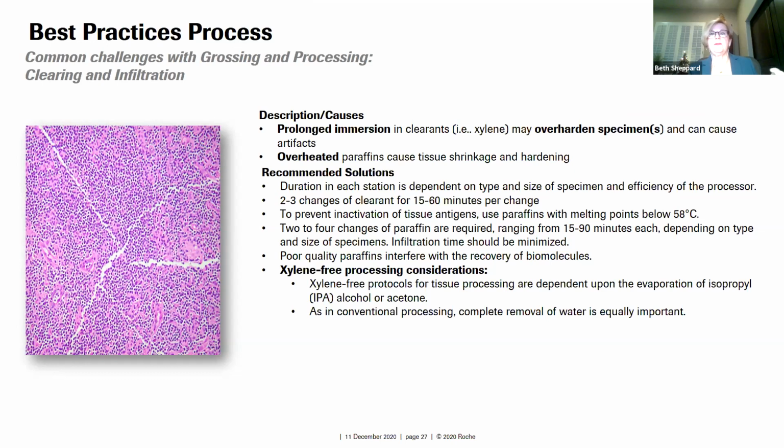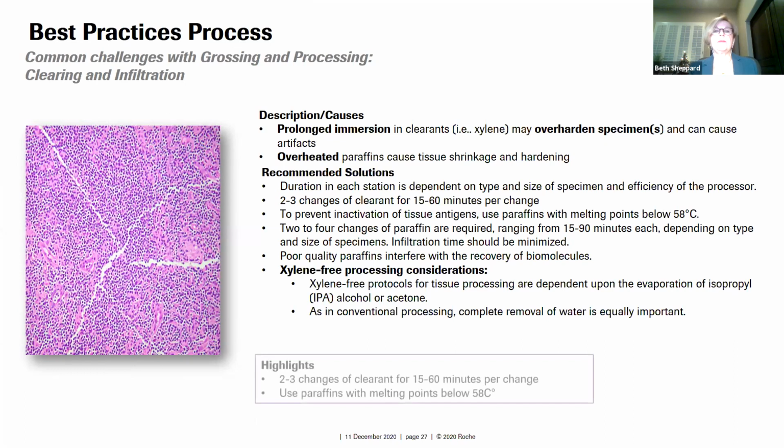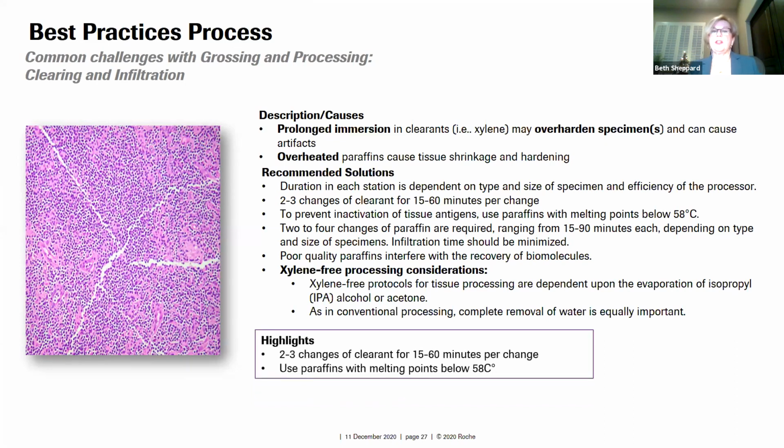So you want to make sure that you, again, have 2 to 3 changes of clearant, 15 to 60 minutes, and making sure that poor quality paraffins can actually interfere with the recovery of biomolecules, and making sure that you have good changes of the paraffins, as well as all the solutions on the processor. So the highlights here: 2 to 3 changes of clearant, and use paraffin with melting points below 58 degrees.